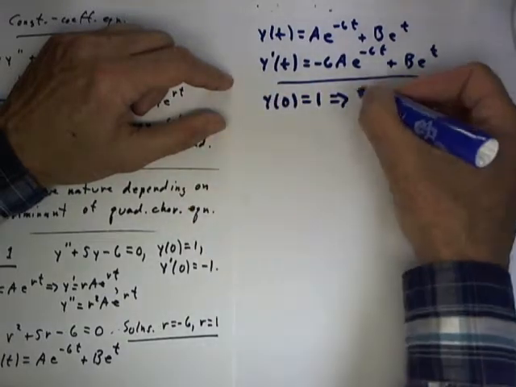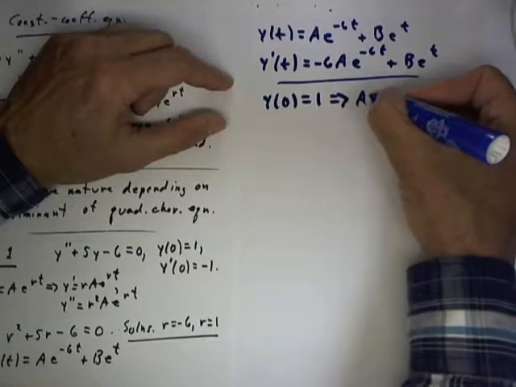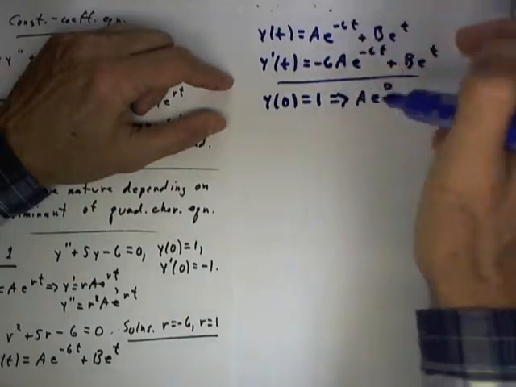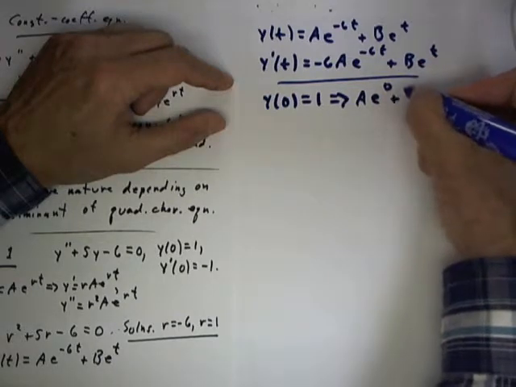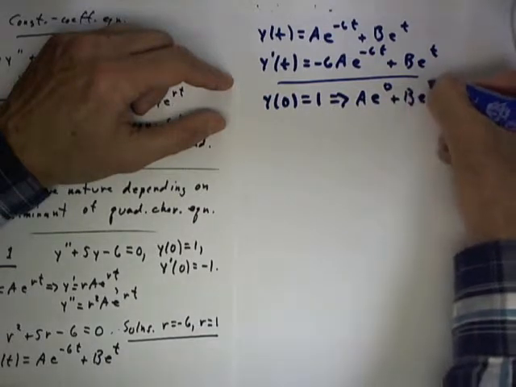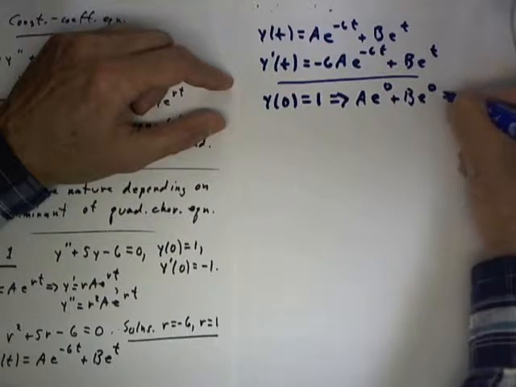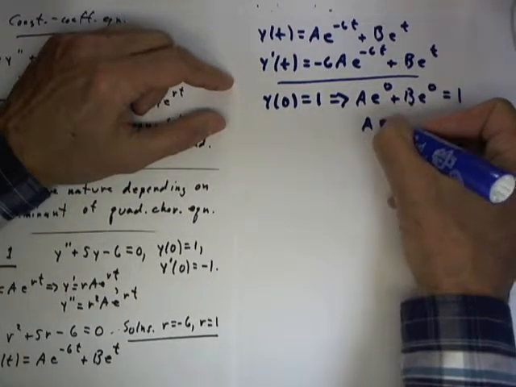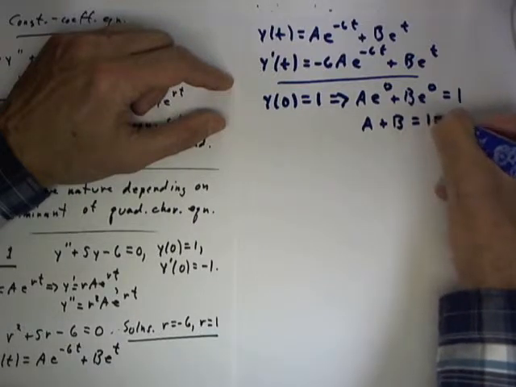Well, y of 0 is going to be A e to the 0 because negative 6 times 0 is 0, plus B e to the 0, and that should equal 1. e to the 0 equals 1, so we have A plus B equals 1.